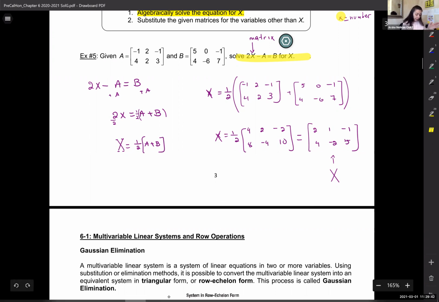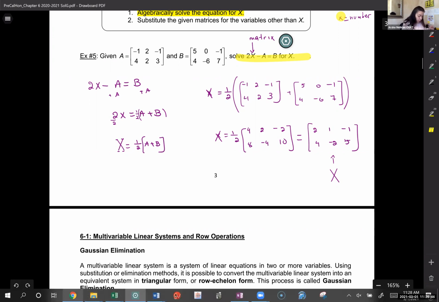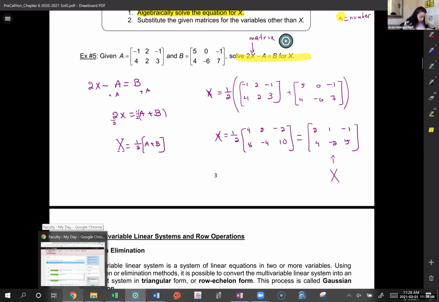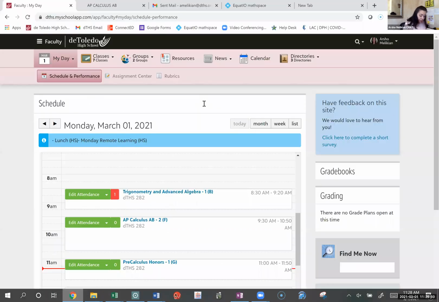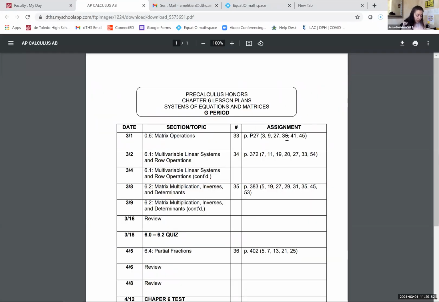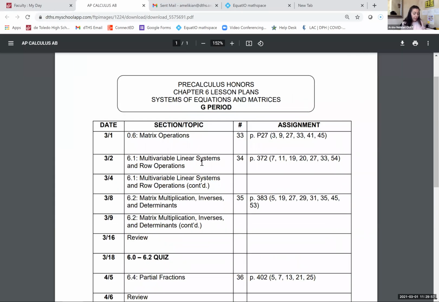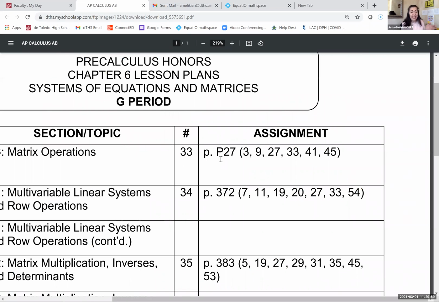That's all I'm going to teach today. And the homework here, because this is from chapter 0, this is what we were talking about before. Look, it's from page P27. Oh my gosh, where the heck is that? That's not a typo.